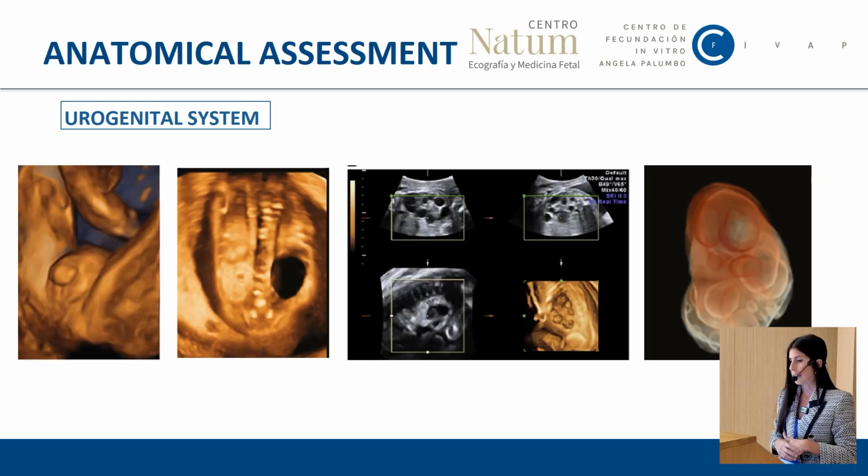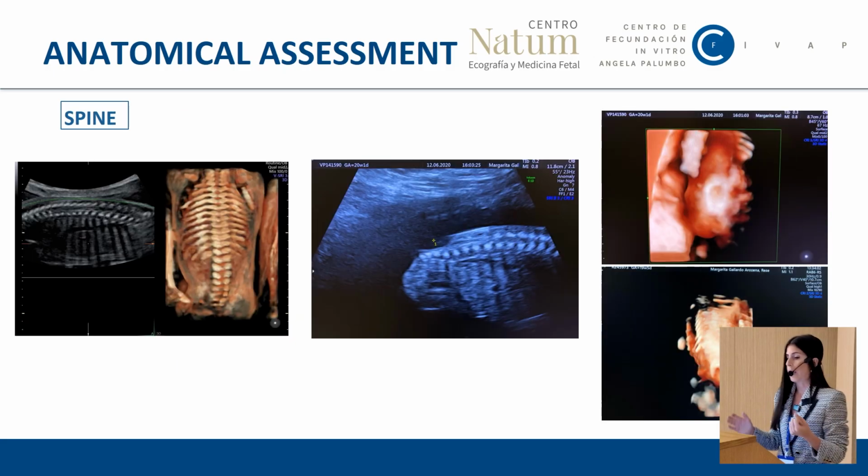The urogenital system can be assessed as well, not only genital abnormalities, but also in the kidneys, such as polycystic kidneys, unilateral renal agenesis, etc. Of course, the spine, we can assess the skeleton, but also with the surface mode, we can assess the overlying skin and diagnose or show to the families how this spina bifida looks in a baby.